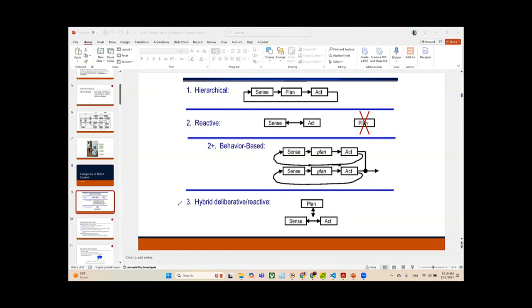And then the third one is called hybrid. Hybrid means that you have a planning system, but it is optional. You can use sense-and-act, and sometimes use a sense, plan, act system, depending on the target. So these are the types you basically need to know about.